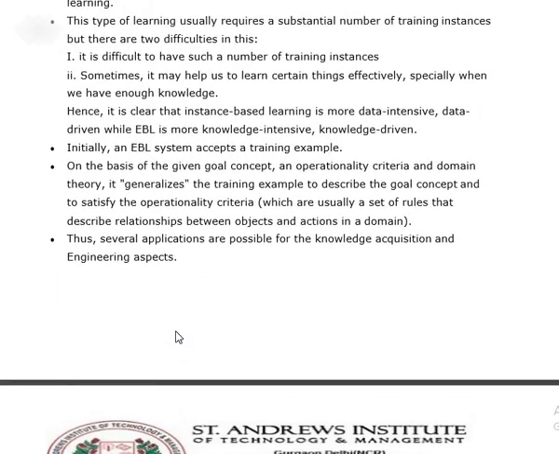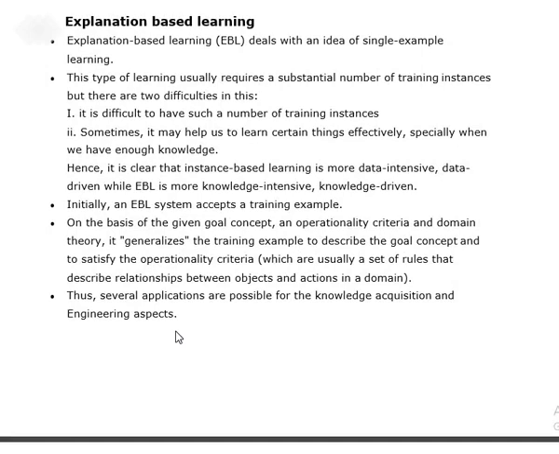This is how the explanation based learning algorithm is used. There are several applications possible to acquire this knowledge based method, and this strategy can be implemented to increase the efficiency of an intelligent system, because a machine or intelligent system will work more effectively the more it undergoes learning.